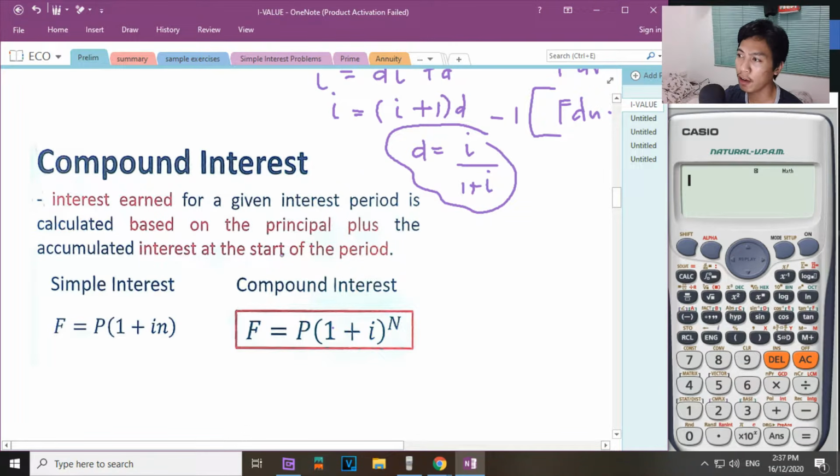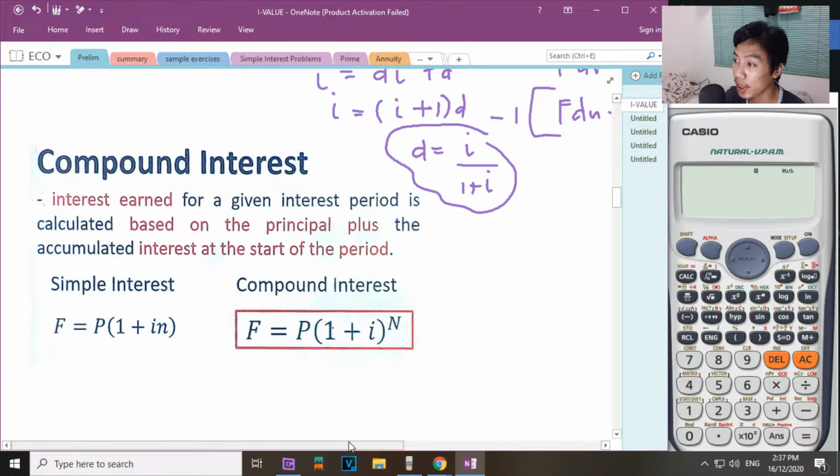Ibig sabihin, yan yung principal mo, dinagdagan mo ng interest, at yung magiging total nun, magkakaroon ulit ng interest from time to time within the given periods of time na kung saan lalawak or lalaki ang inyong pera. Hindi katulad ng simple interest. So, simple interest, okay, cumulative lang yung kanyang interest until the period.